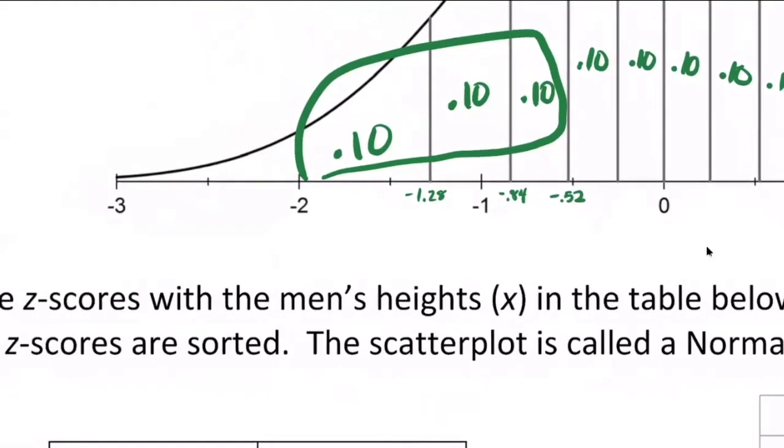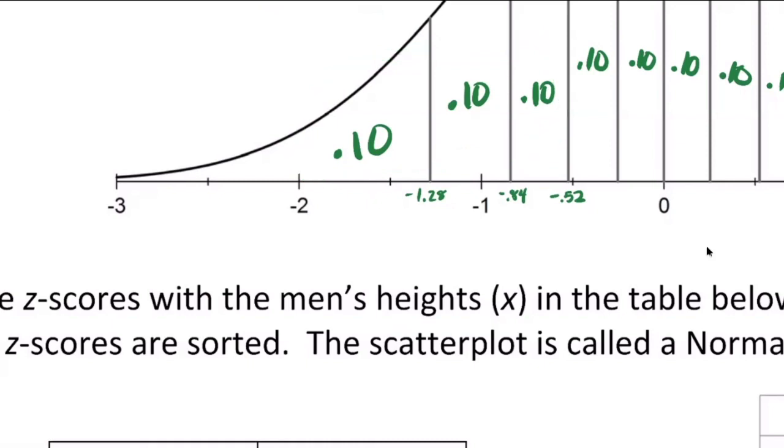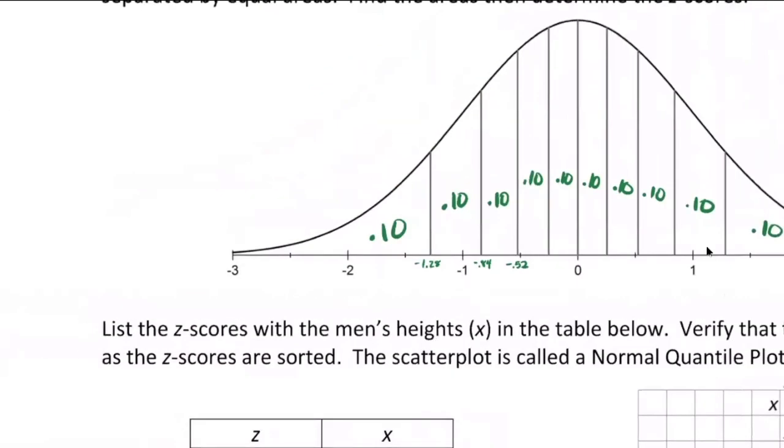I think there's only one left to do because the rest of them will be mirror images. So we're doing the next one here. The area to the left of the next one is 0.40. So back to the table.